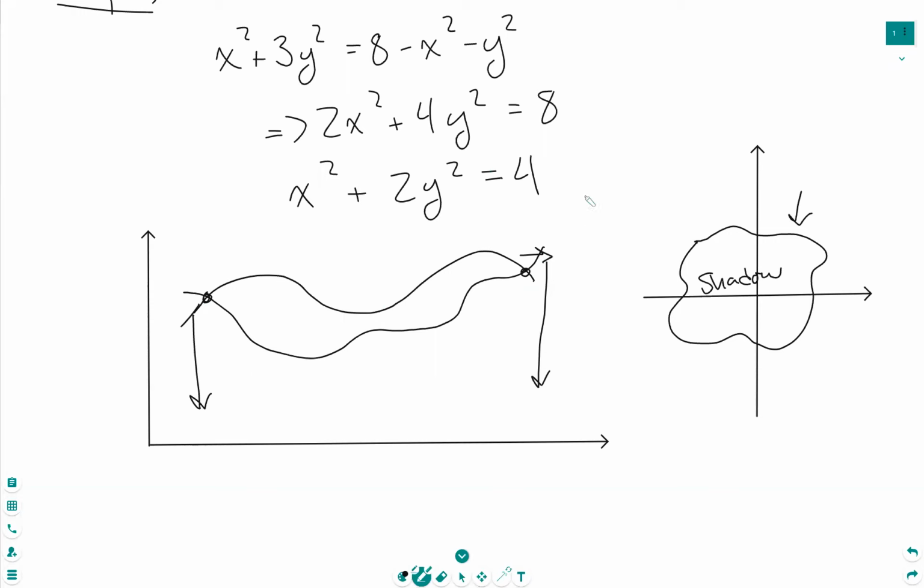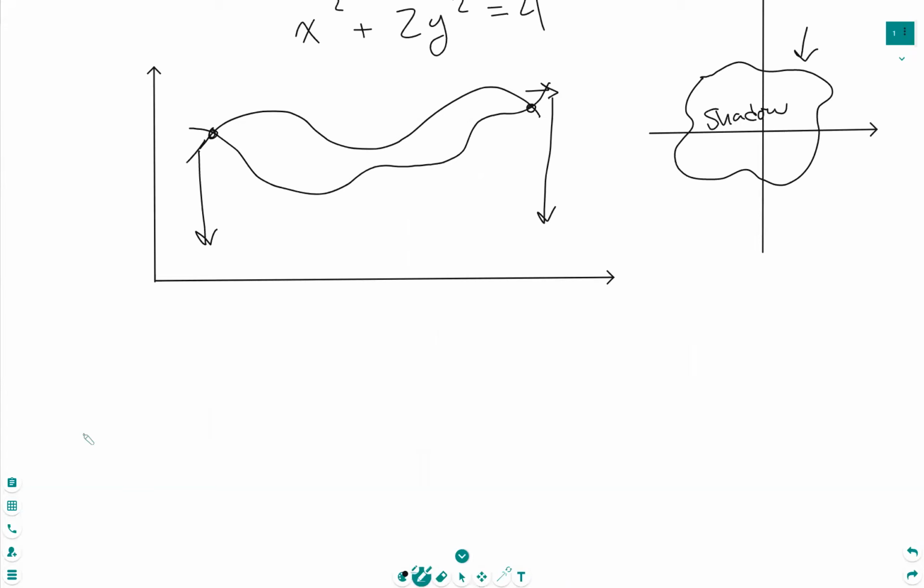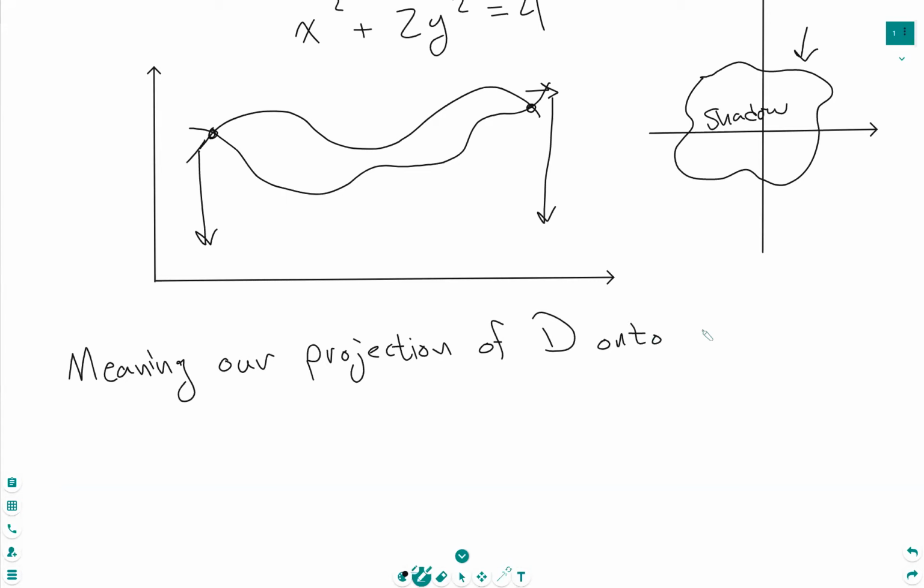If this is the thing that details the shadow that's cast onto the XY plane, this means that our projection of D onto the XY plane is the region enclosed by x squared plus 2y squared is equal to 4.